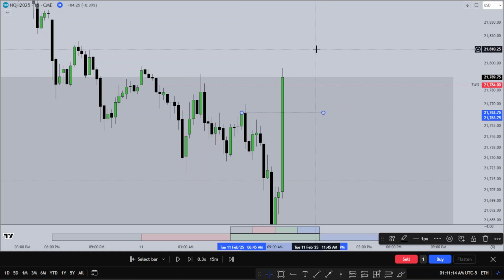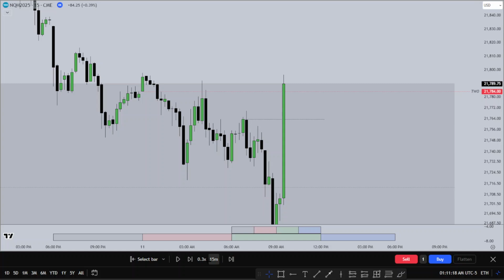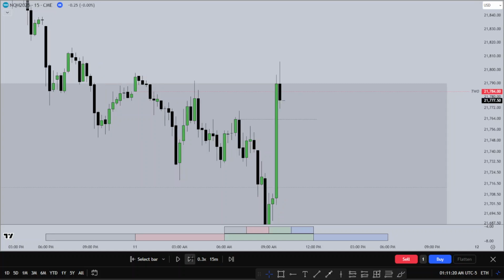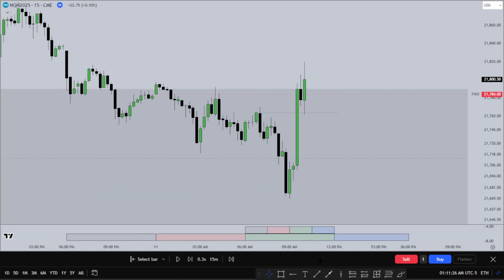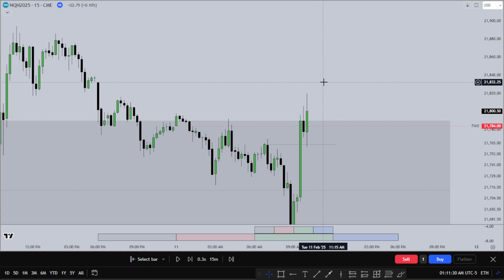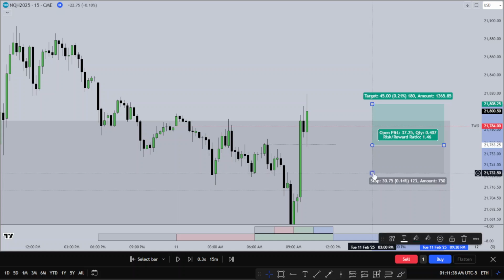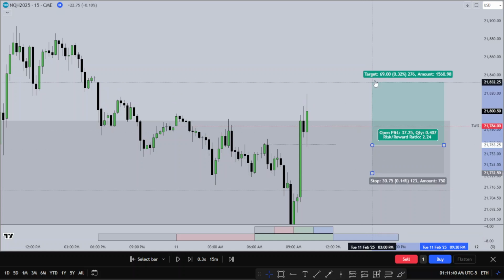I extended this out. I put my limit order right there, and then I waited during class. So boom, I entered right there. When I entered right there, I held towards this high. Where was my stop loss? My stop loss was really below right here, and then I was targeting right here.